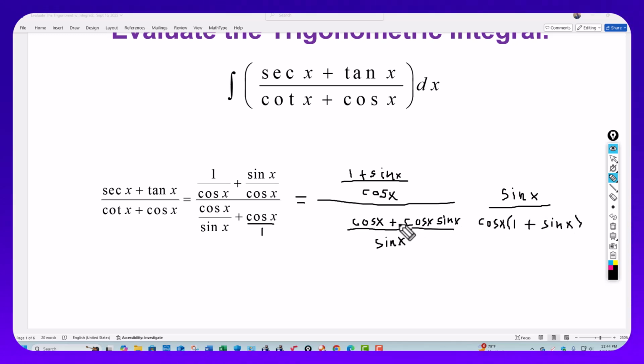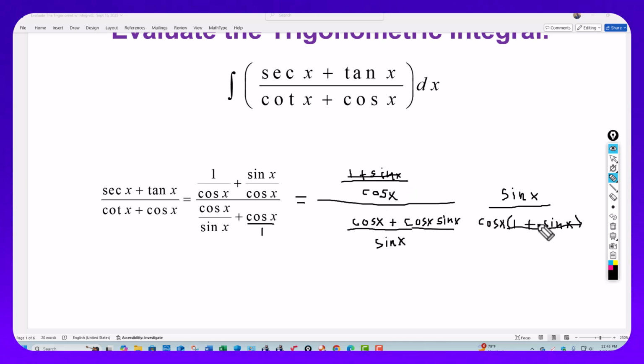Okay, so this multiplies this. So that just gives me a 1 in the denominator. And that's going to divide what I get in the numerator. So now in the numerator, I'm multiplying, and this factor here is going to cancel with this factor here. And then I'm going to have a sine of x over cosine of x, and then times the cosine here.